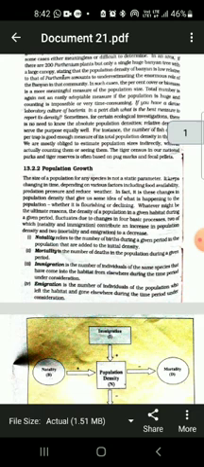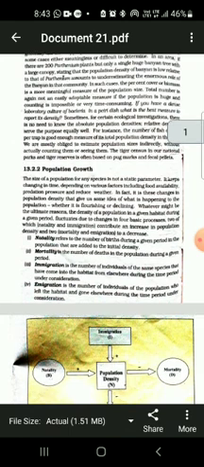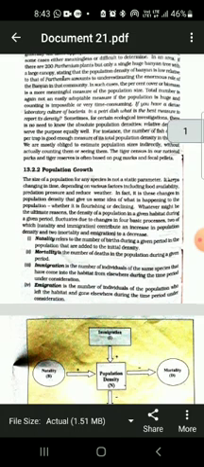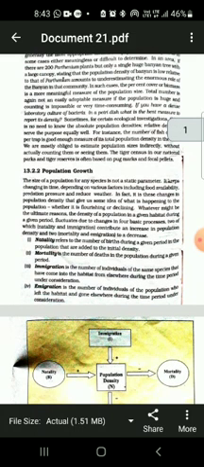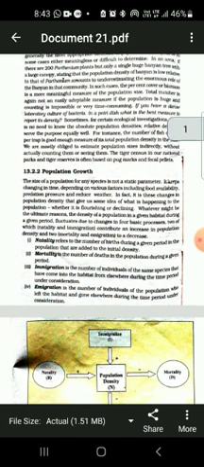Whatever might be the ultimate reason, the density of the population in a given habitat during a given period fluctuates due to changes in four basic processes. These four basic processes include natality, that is called birth rate, mortality, that is called death rate, immigration.